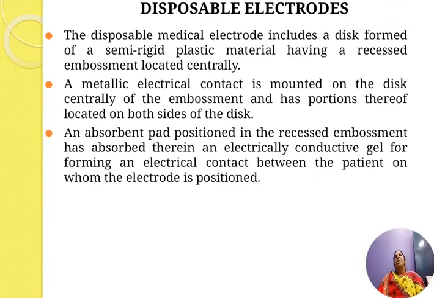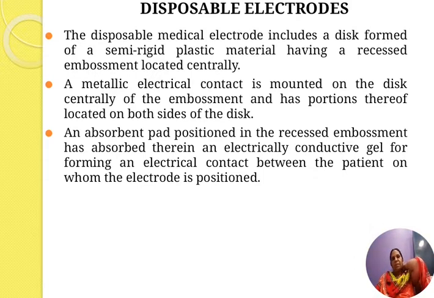So a disposable metal electrode includes a disc formed of semi-rigid plastic material with a recessed embossment located centrally. The metal electric contact is mounted on the disc centrally of the embossment and has portions located on both sides of the disc.